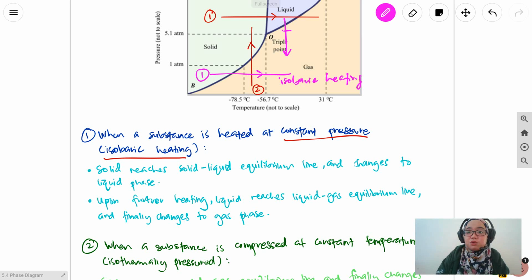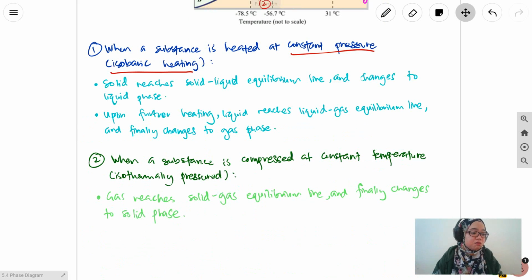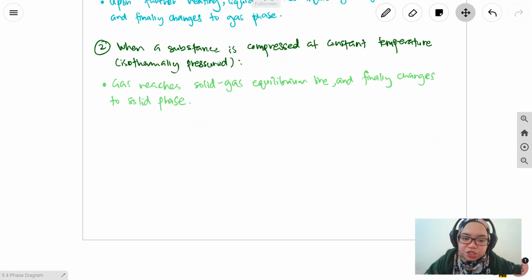Okay, so now kita dah habis untuk 5.4 phase diagram. So what are we going to do now is we are going to look at the tutorial question. Okay, Miss tak sempat nak explain semua tutorial question.